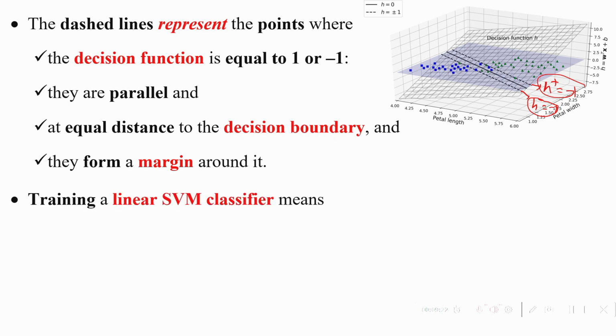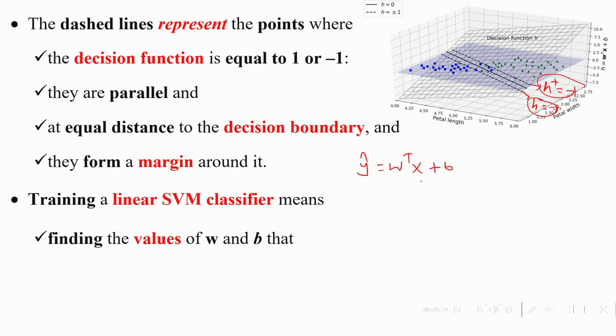Training the linear SVM classifier means finding the values of W and B. Our aim is y cap equals W transpose X plus B. We have to find the values of W and B in such a way that we get the best decision function.